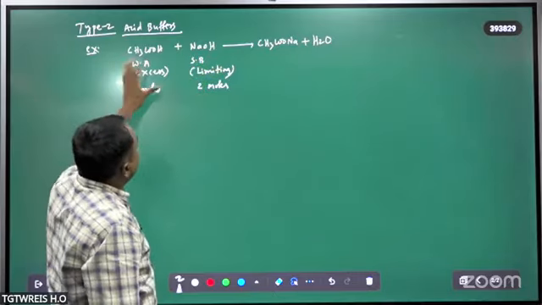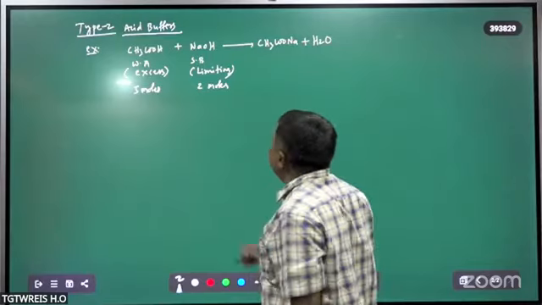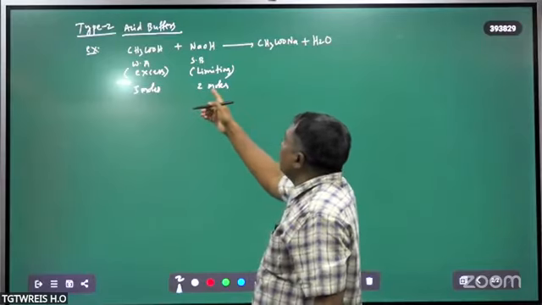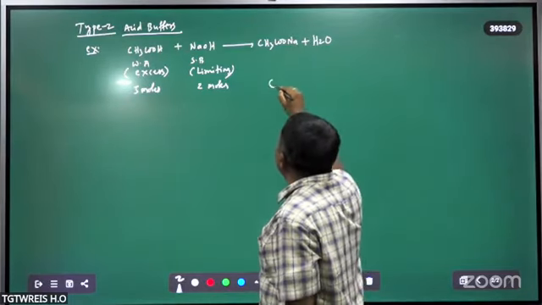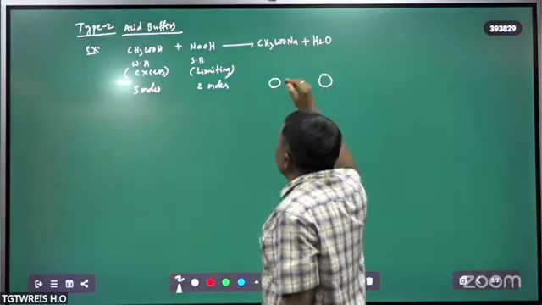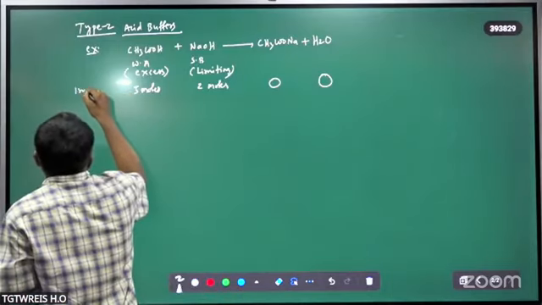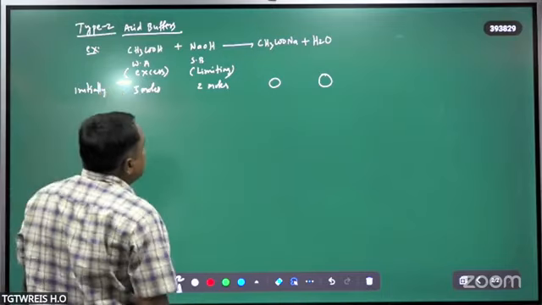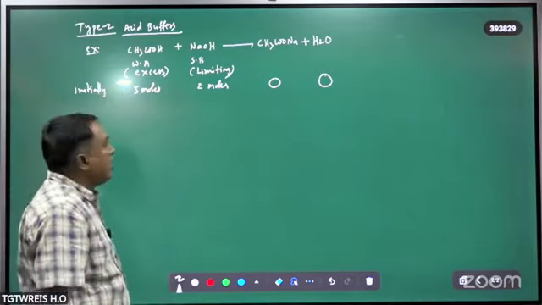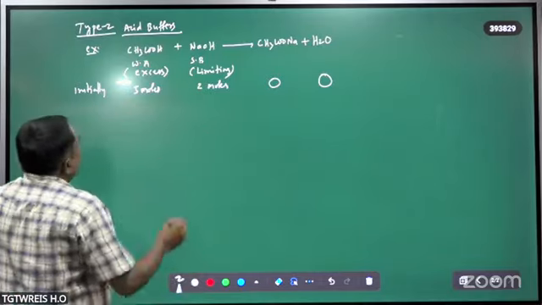Now combining these two, you get CH3COONa plus water. The NaOH is the limiting reagent and will decide the formation of CH3COONa. Initially, there is no CH3COONa and no water in the reaction mixture, so these are zero.